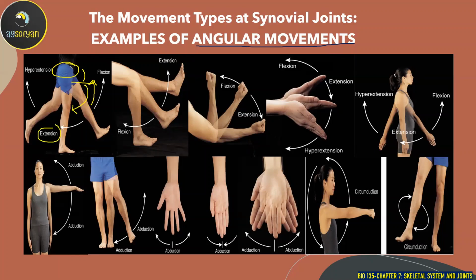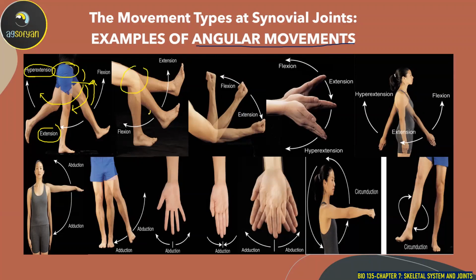We can move more than 180, maybe 270 degrees, and this is what we call hyperextension. Another angular type of joint is the knee joint.